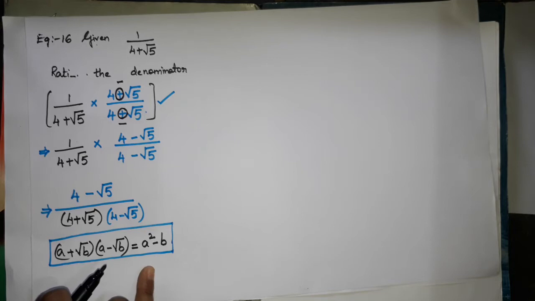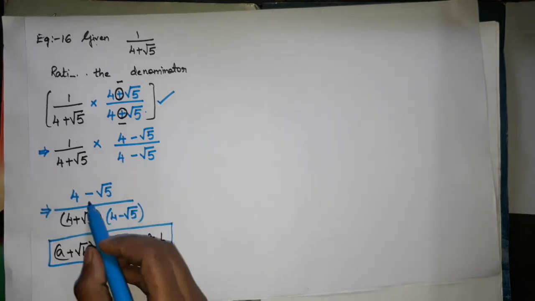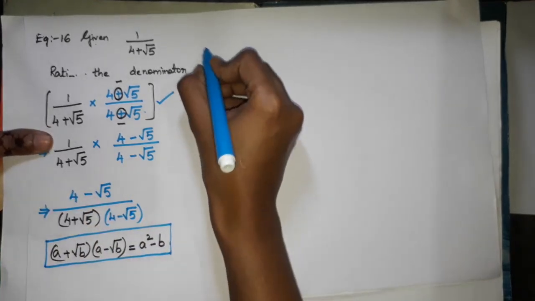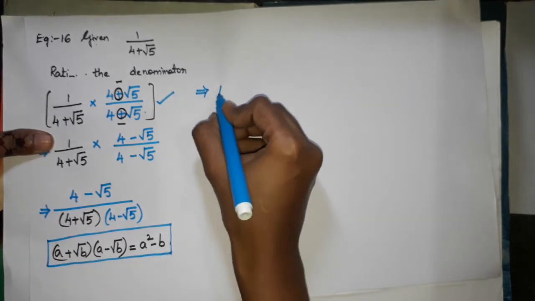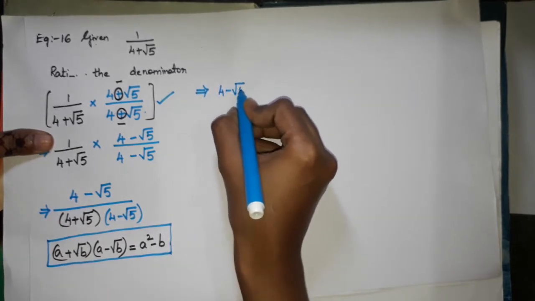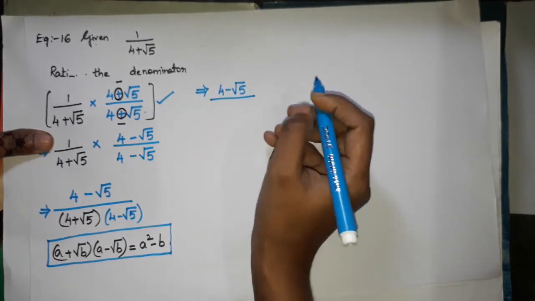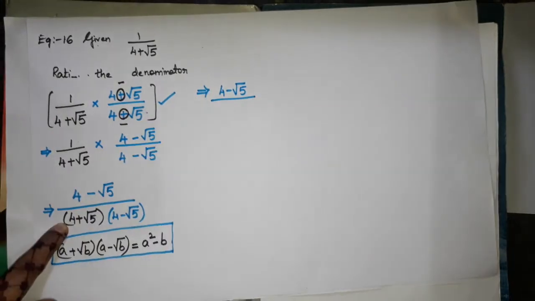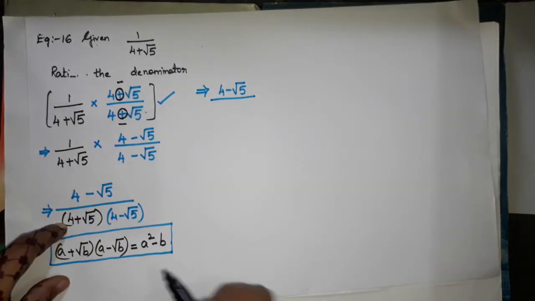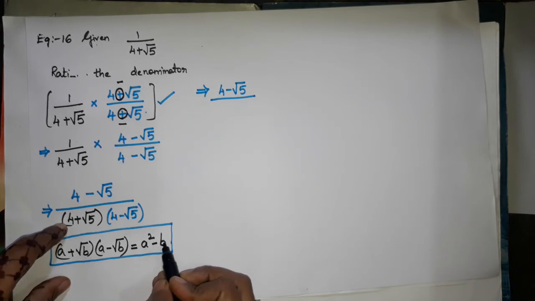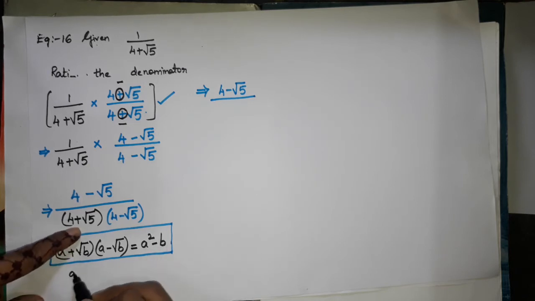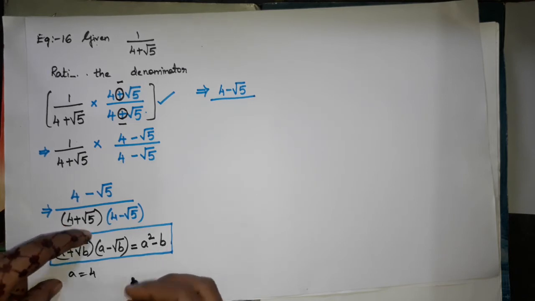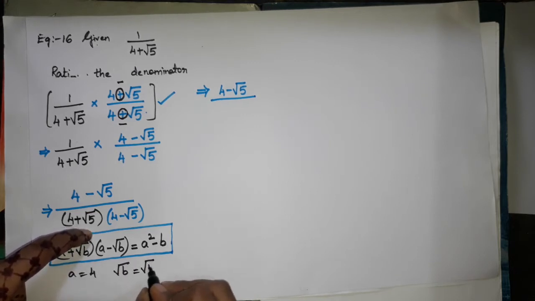Now the numerator I am going to write as it is, 4 minus root 5, divided by, in place of the denominator what should I write? I should write a square minus b. So what is a here? a is nothing but 4. What is b? Root b is equal to root 5, that is b is equal to what? 5.